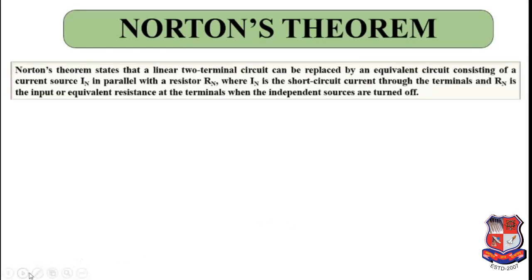Norton's theorem states that a linear two-terminal circuit can be replaced by an equivalent circuit that consists of a current source IN in parallel with a resistor RN.